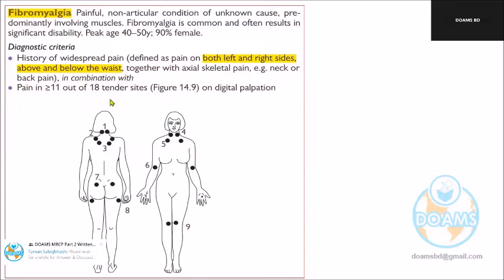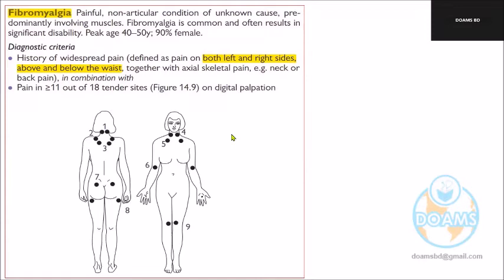A little more about the fibromyalgia, especially the tender points. Try to remember. The basic thing is the tender points should be on both the left and right side of the body, and below and above the waist. Above the waist, below and above, but there will be both sides. That means bilateral tender points.